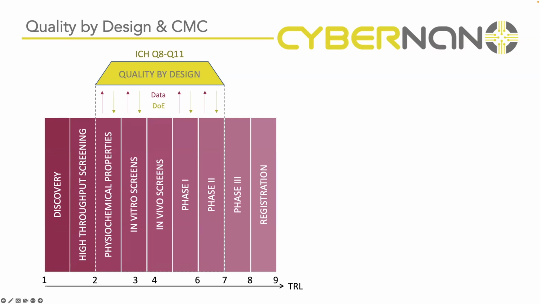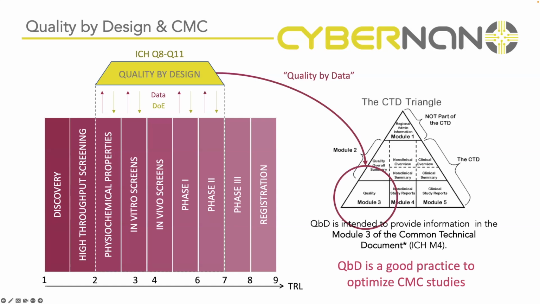The official text for pharmaceutical quality by design is the guidance ICH-Q8, strongly recommended by FDA and EMA to develop new drugs. They define QbD as the best practice to provide all the information required to fit in module 3 of the CTD documents for any marketing authorization. In other words, QbD can be defined as a practice to optimize CMC studies.